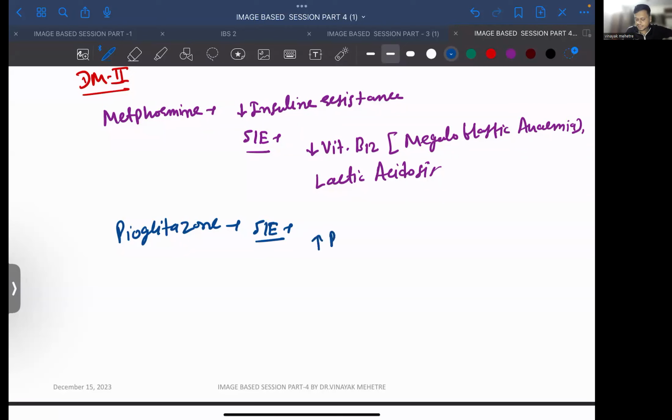Yes, it increases the risk of bladder cancer. Yes, fluid retention, उसका मतलब क्या हुआ? फ्लूइड रिटेंशन हो रहा है बॉडी में. पेशेंट will have congestive heart failure. Okay, congestive heart failure is the side effect.